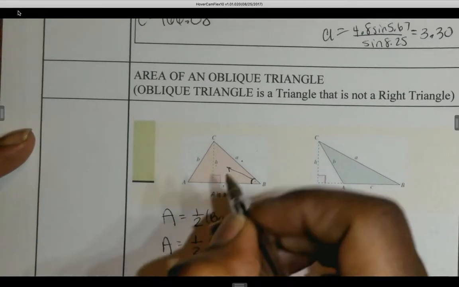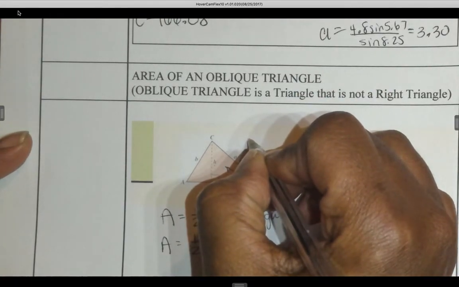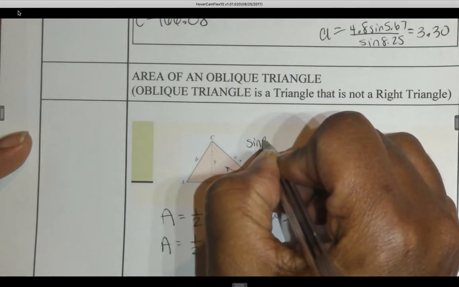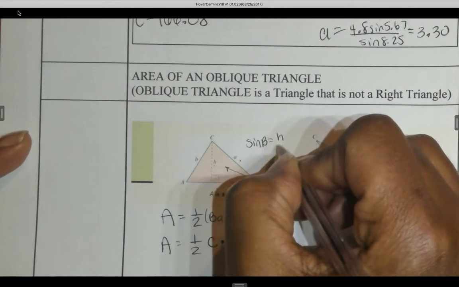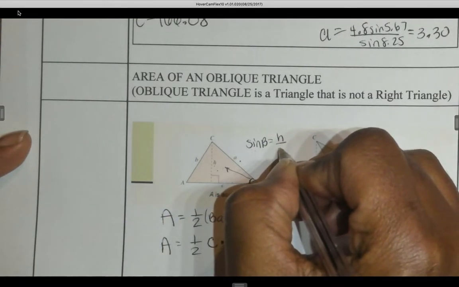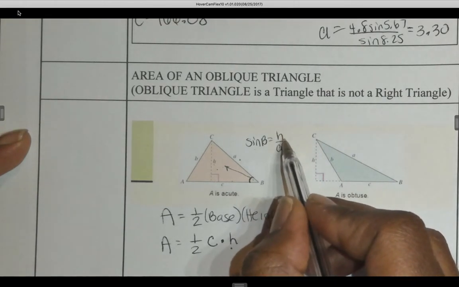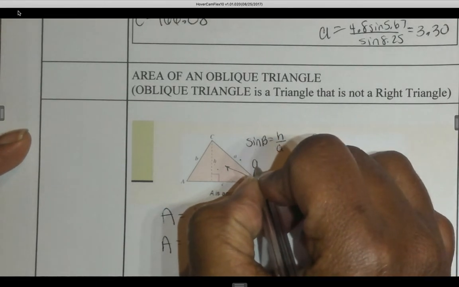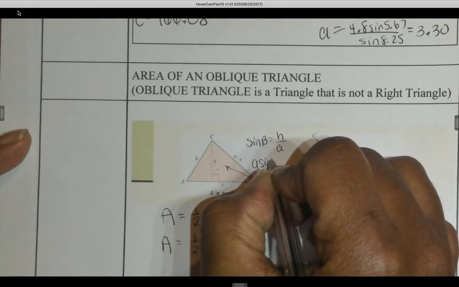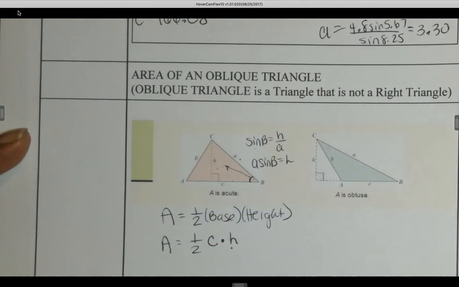We know that sine of angle B equals the opposite side over the hypotenuse, and we're looking for H, so we just multiply both sides by A. So we get A times sine B equals the height.